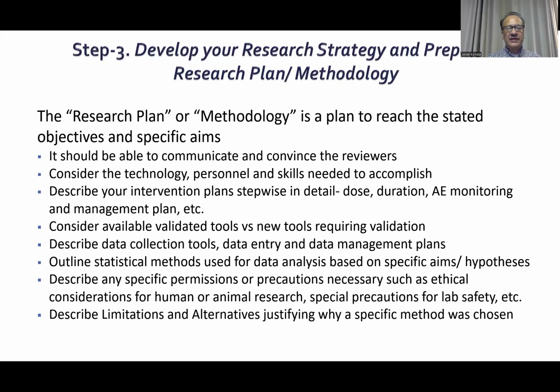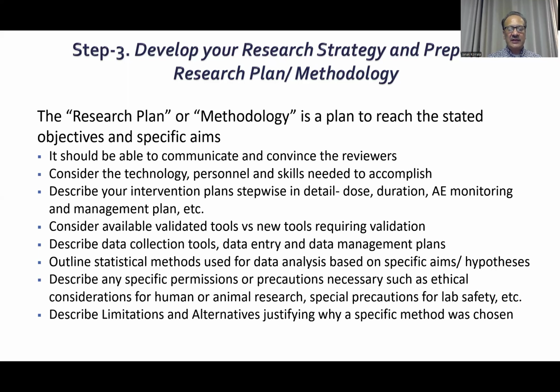Consider the technology, personnel, and skills needed to accomplish it. If you don't have that capacity or support system, then the reviewer may not be convinced. Describe your interventions. Consider available validated tools, or if you are going to use new tools, also mention the validation. Describe the data collection tool, data entry and management plans, statistical methods, including sample size, and also what kind of data analysis you'll use to prove your hypothesis or to show your specific aims.